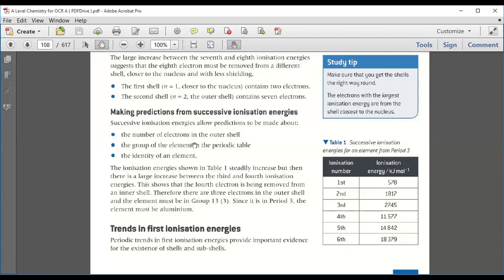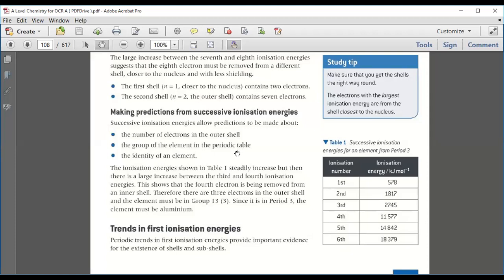Now, the group of the element in the periodic table. How can we predict the group? Can you tell me how we can predict the group? Yes, the number of valence shell electrons plus 10.